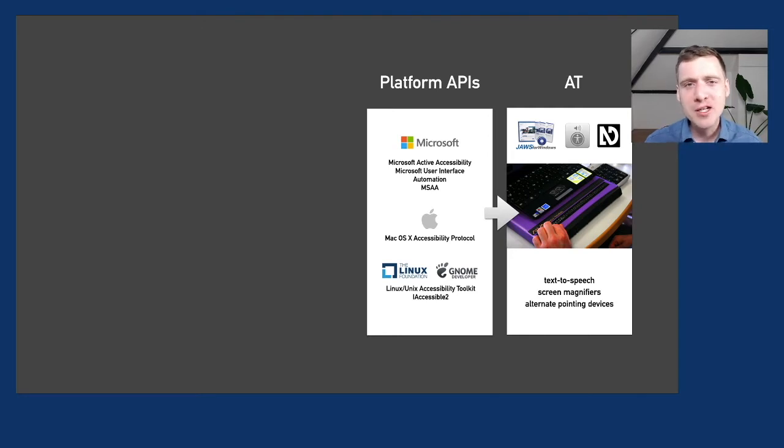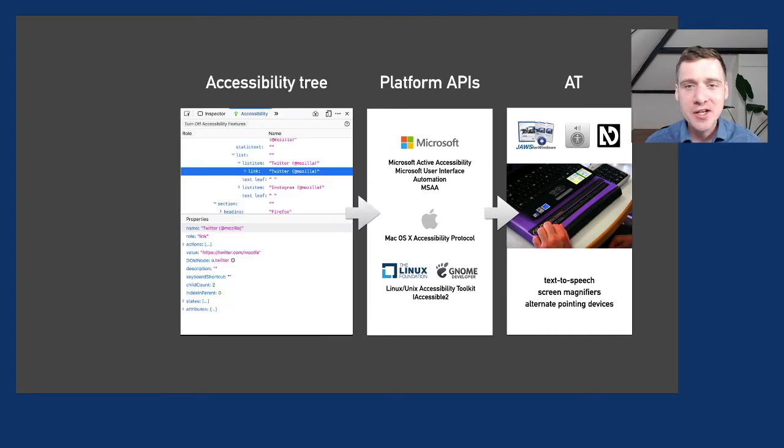But as soon as your website loads, they have no clue what that is, because you've built it and they've probably never seen it before. Now, for this reason, the browsers have these accessibility trees. Because the accessibility tree is aware of what's happening on your web page, and it tells the platform APIs, which then tell the assistive tech. So the accessibility tree is really crucial in this process.